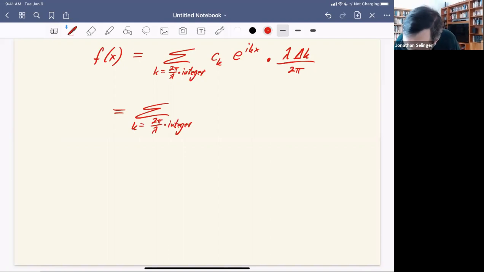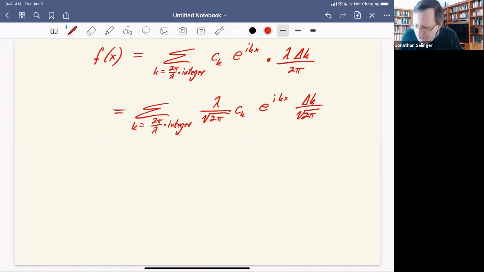I'm going to put a factor of lambda over root 2 pi times c sub k there, then e to the i kx, then delta k over root 2 pi. You see this is correct. It's weird, but it's correct.